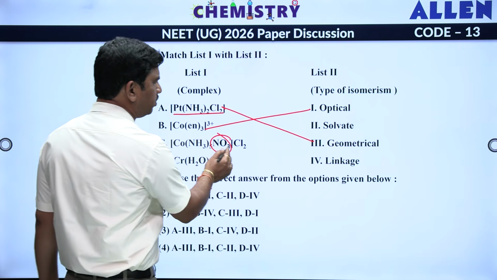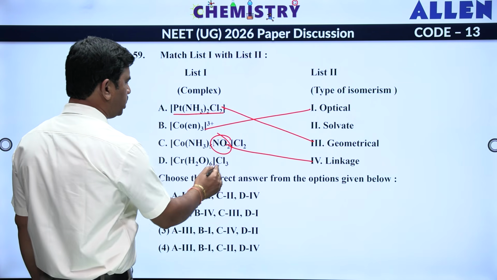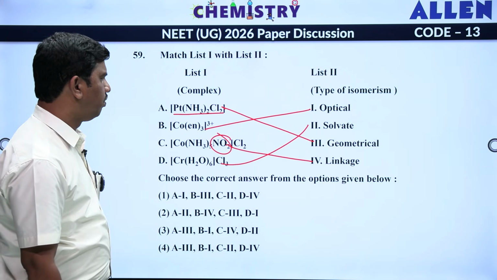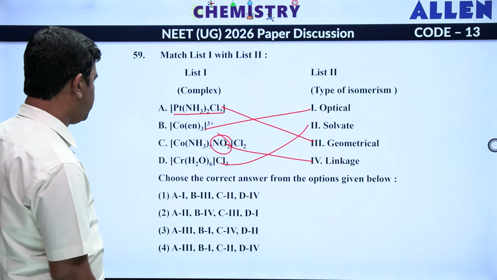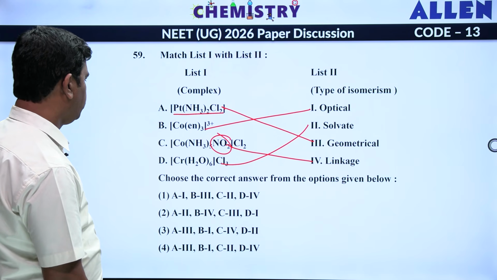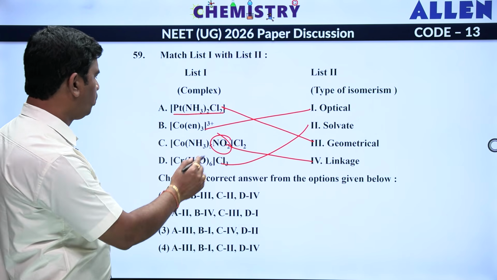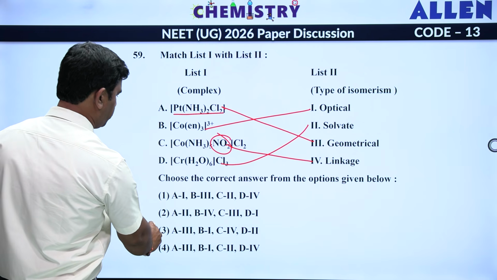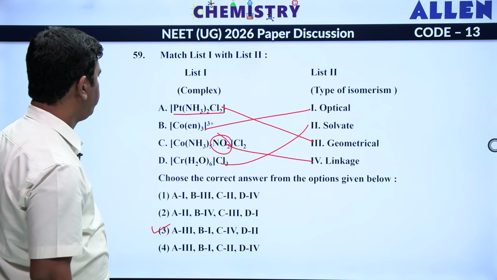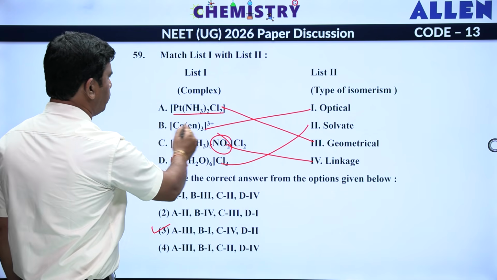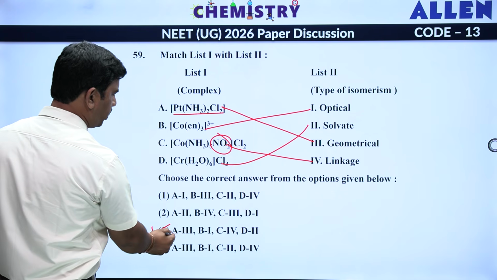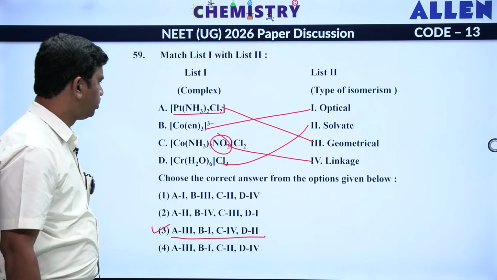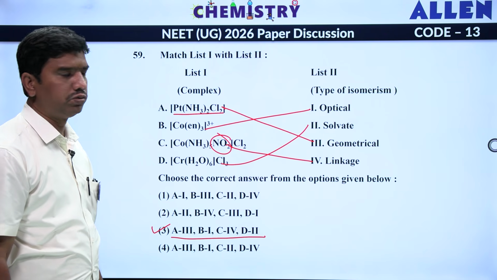Ambident ligand means it exhibits linkage isomerism. H2O belongs to, exhibits solvate isomerism. So A is 3 and B is 1, C is 4 and D is 2. So option 3, A3, B1, C4 and D2. So option 3 is the right answer for this question.